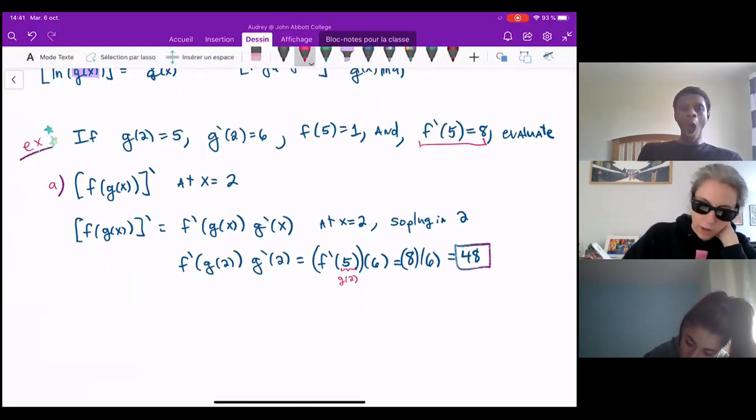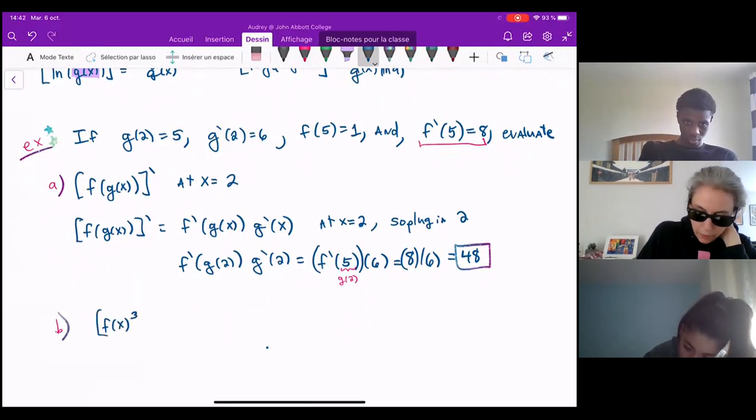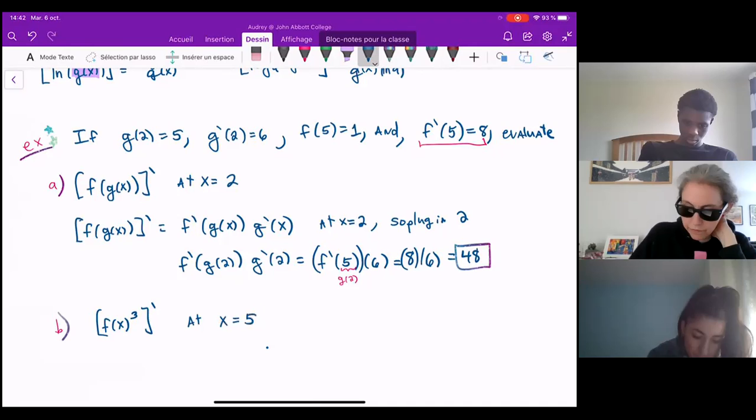Okay, now if I were to ask you to find the derivative of f of x cubed, I want the derivative of that at x equal to 5.